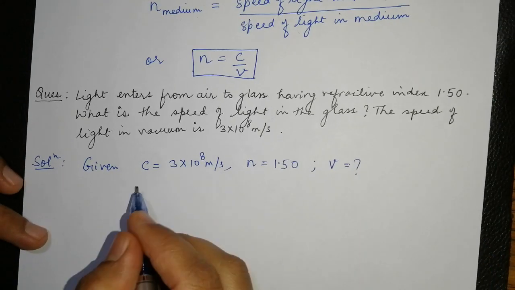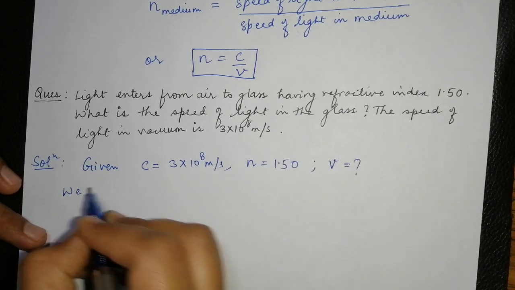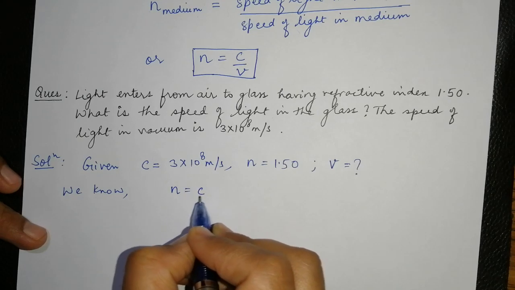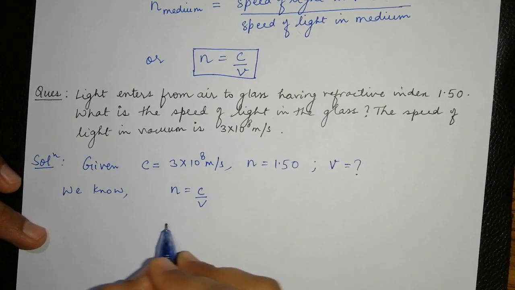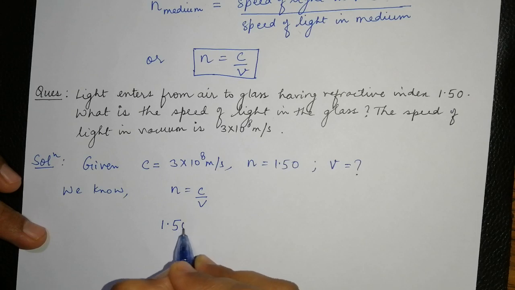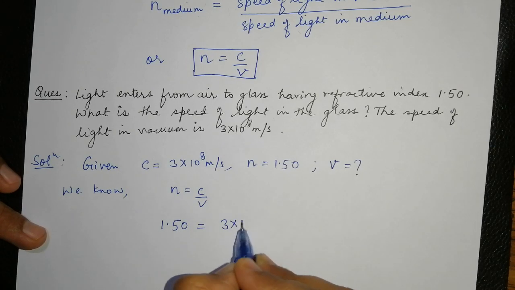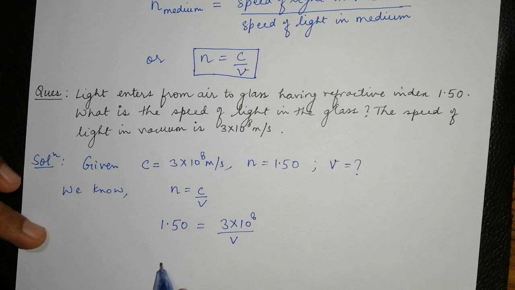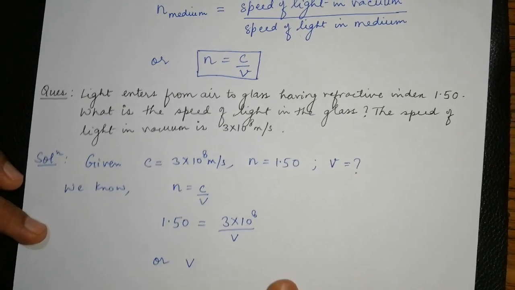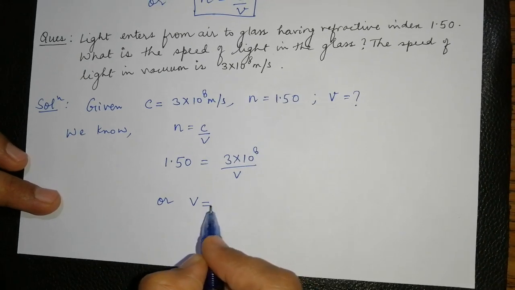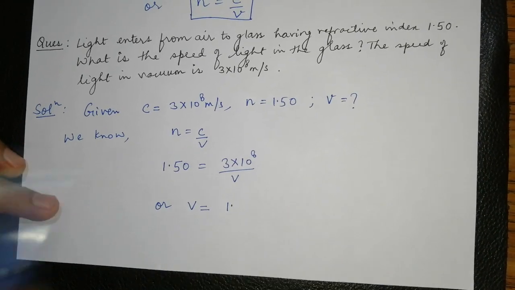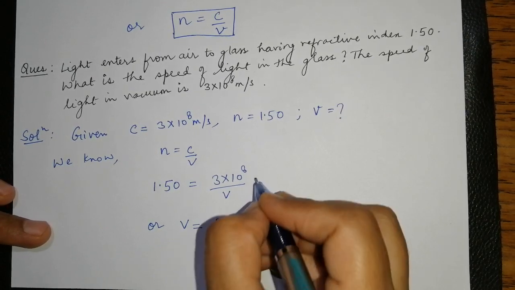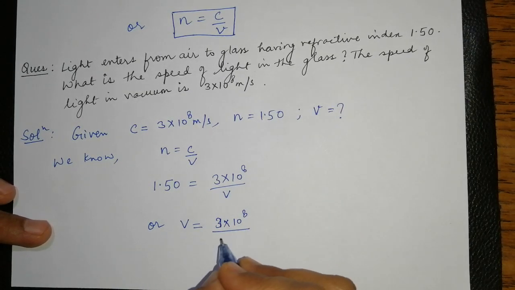Now we know n is equal to c by v, so we'll simply substitute the values. 1.50 is equal to 3 into 10 to the power 8 upon v, or v is equal to 3 into 10 to the power 8 meter per second upon 1.5.